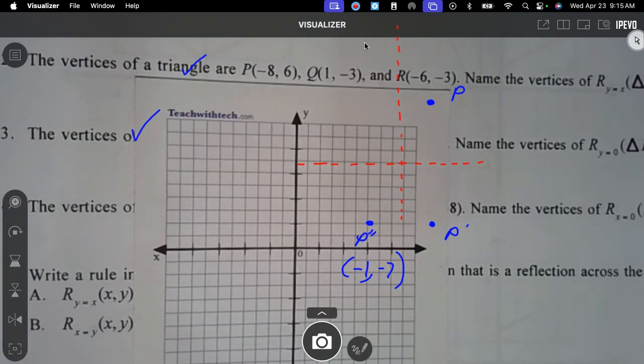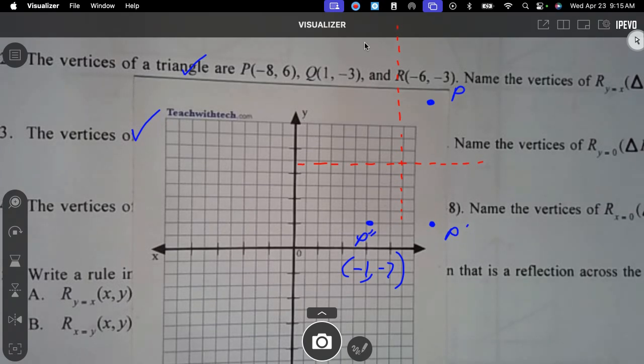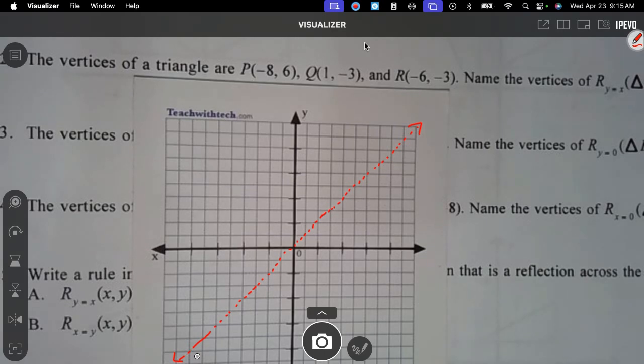Just for a reminder, I'll draw a little dotted line across y equals x so I can make sure it looks like it's supposed to. There we go.